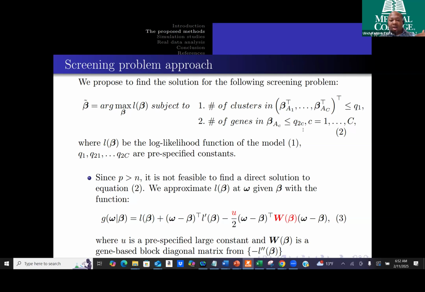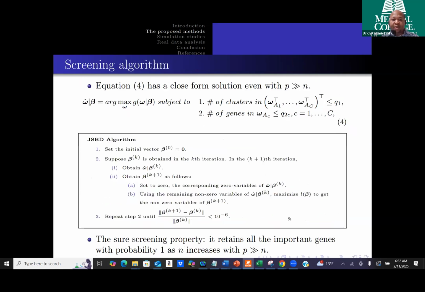So the approach that we took is to approximate the log likelihood, given in equation 3. This function is nothing but the second-order Taylor expansion of the log likelihood with two modifications. First, we have U here, which is a pre-specified constant, and W here is a block diagonal, the gene-based block diagonal of the information matrix.